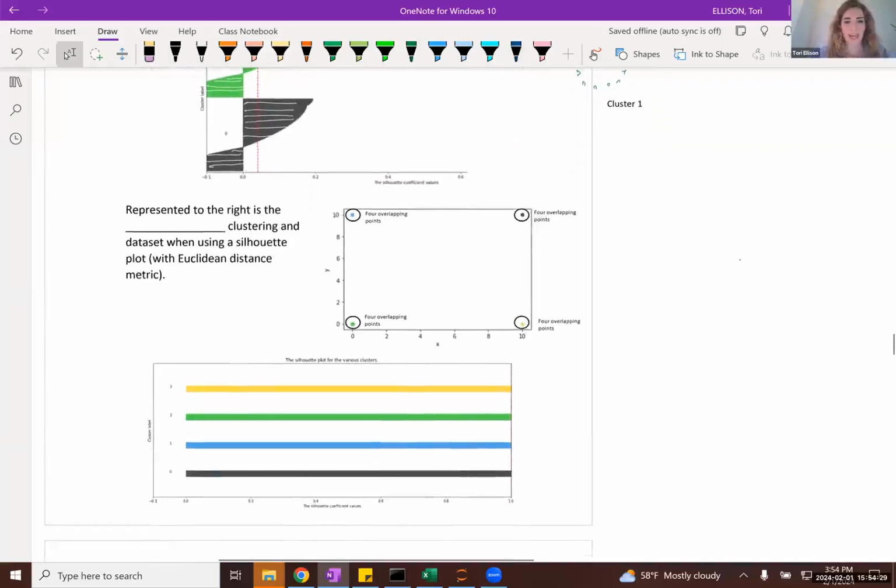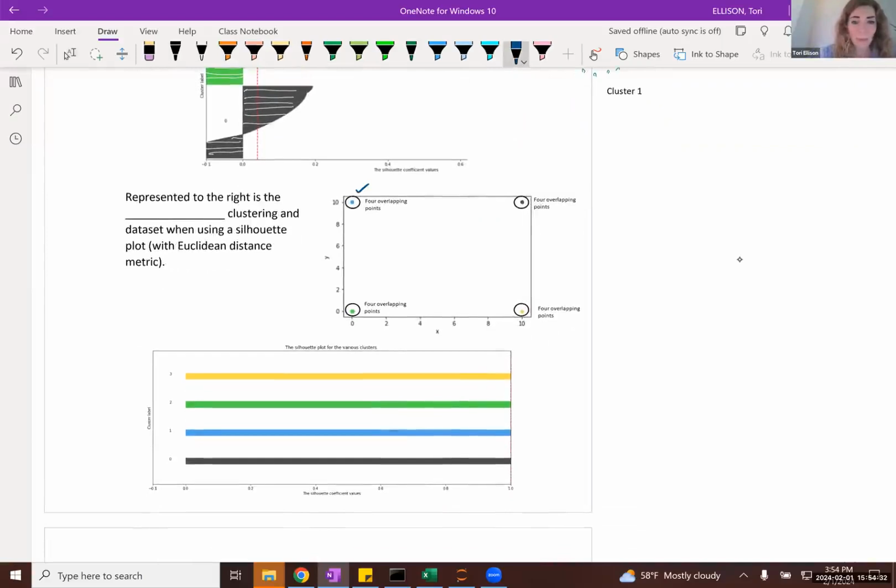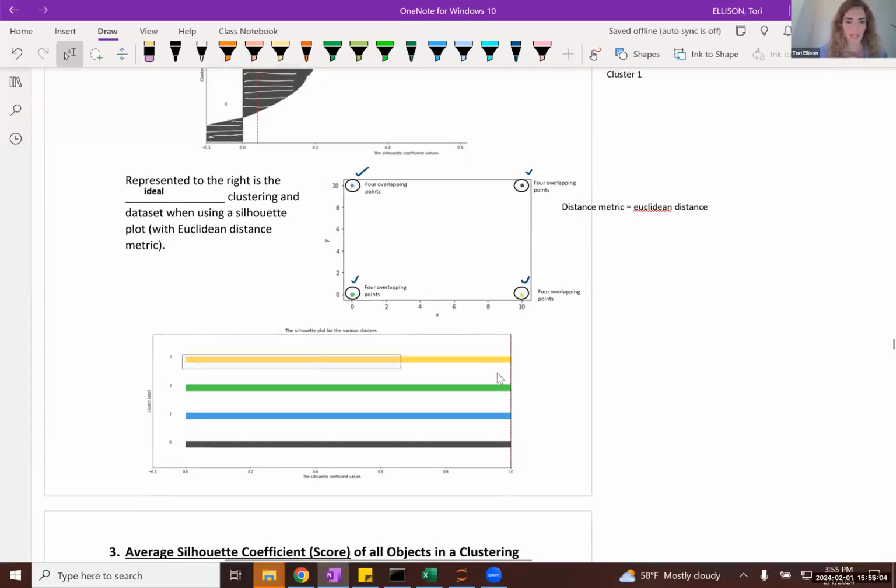So now, for instance, if we were looking at a data set such as this, where we have 4 overlapping points in each of these 4 clusters that we identified here, and we were using the Euclidean distance in this case, then what we would see is that the silhouette plot generated by the silhouette scores of this clustering produces the ideal scenario in which every single silhouette score of each observation is exactly equal to 1, representing that it's as close as it can be to the observations in the cluster that it was assigned to, and as far away as it can be from observations in a different cluster.